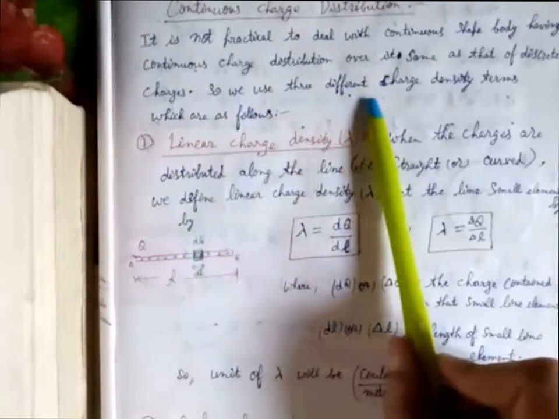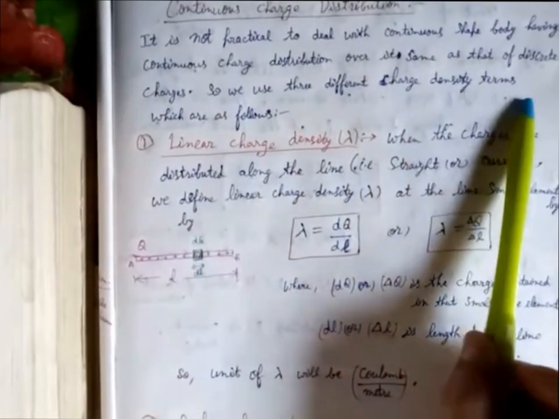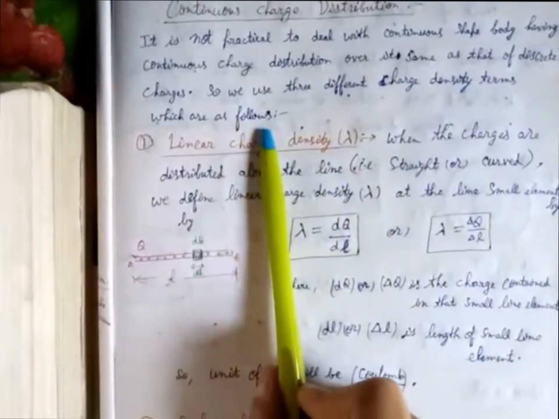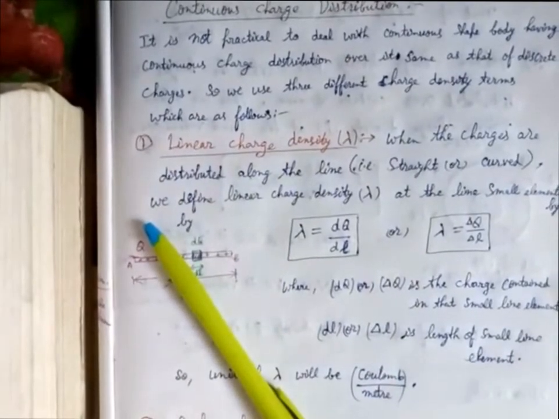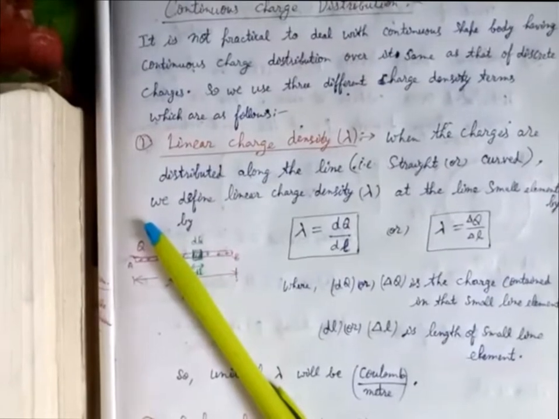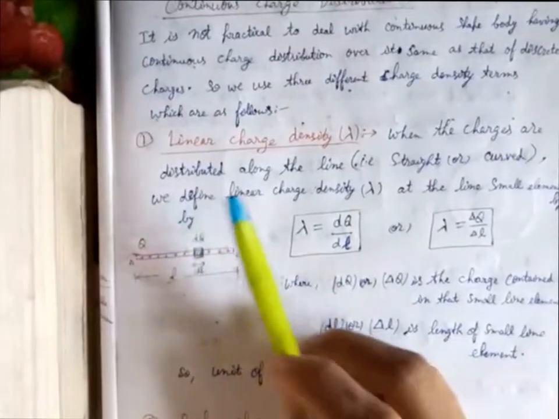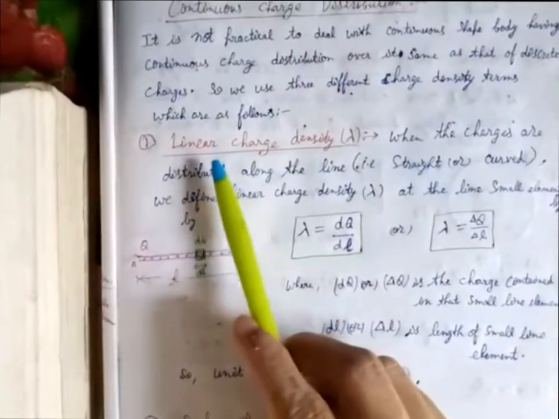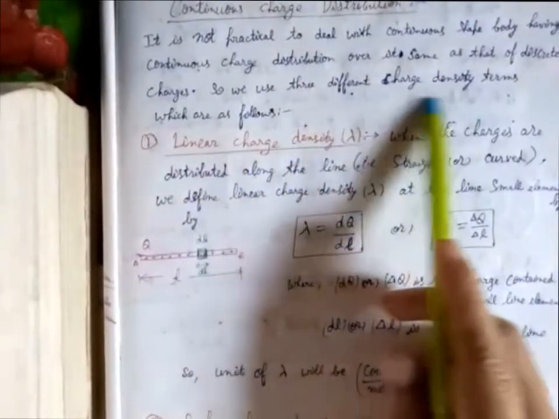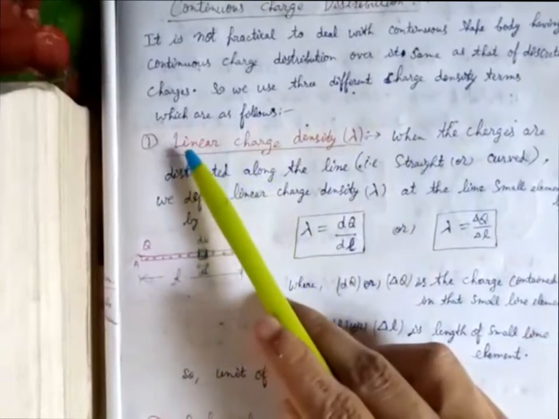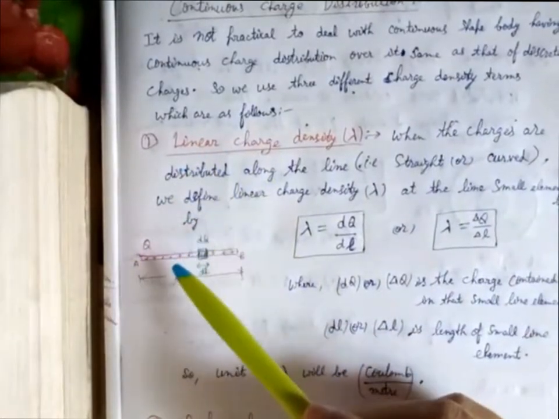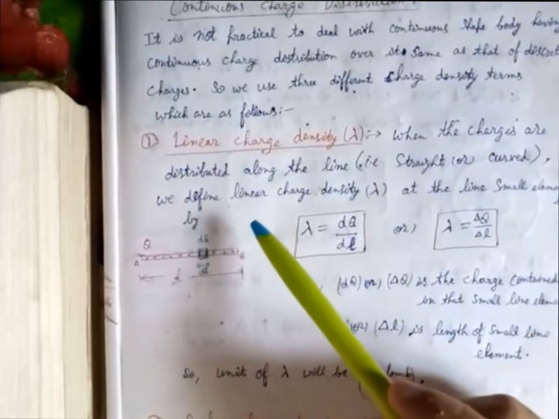So we use three different charge densities, which are as follows. In order to solve numericals related to continuous charge distribution, we have to use these three different charge densities, because we cannot apply the discrete charge formula that we applied in the earlier topics.